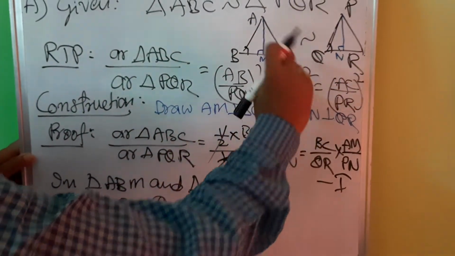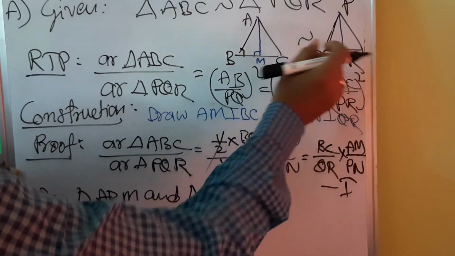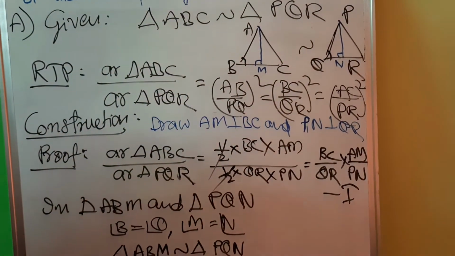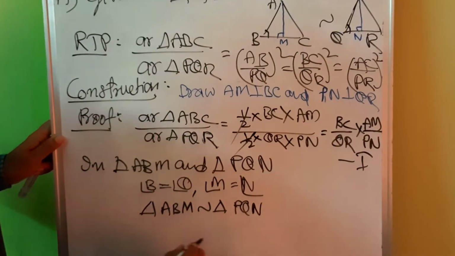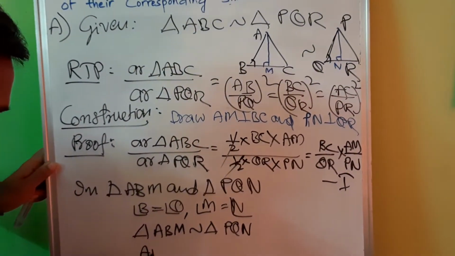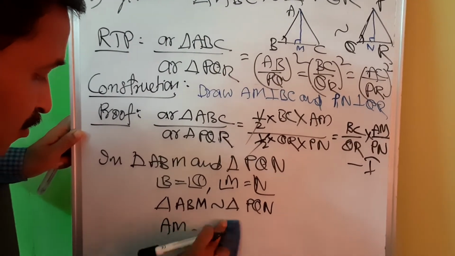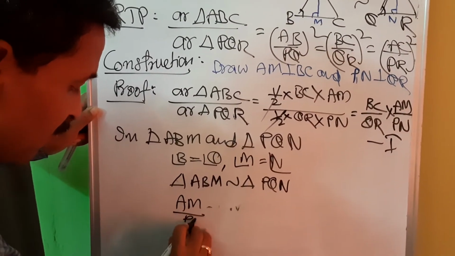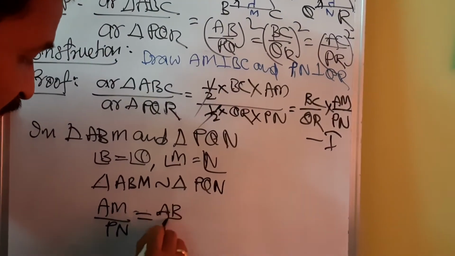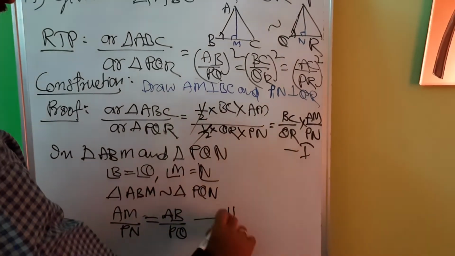AM is to PN, BM is to QN, and AB is to PQ. So we can take AM by PN is equal to AB by PQ. This is the second point.